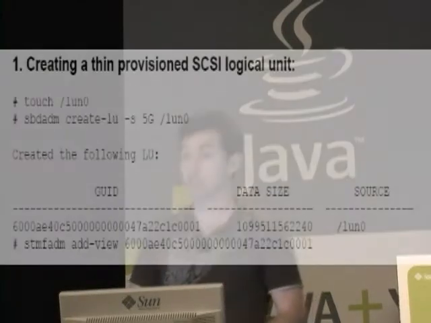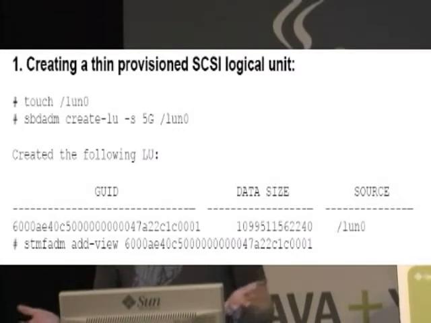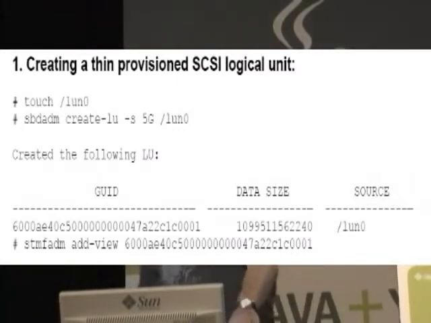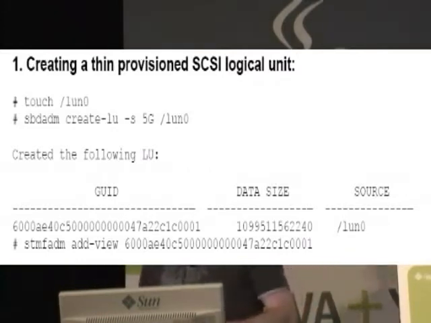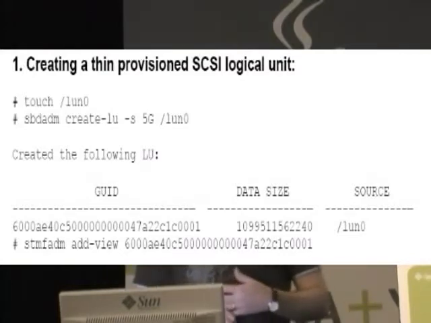So we're creating a thinly provisioned SCSI logical unit, and we just do that by touching the file, and then the SBDADM command is here for saying how big we expect this LUN to be. You don't necessarily actually have to have that amount of space available.